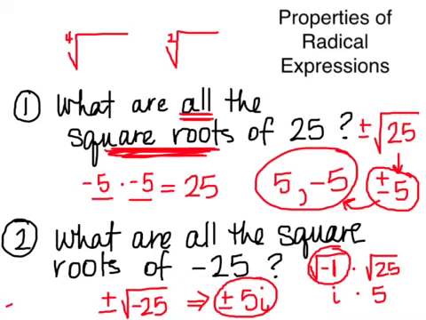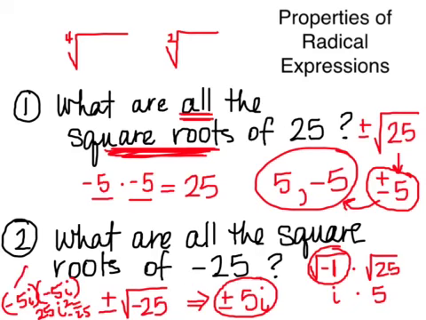Because just think about it, if you took 5i times itself, which is what squaring is, then you would get positive 25i squared. Well, i squared by definition is negative 1, so you'd have 25 times negative 1, which would be negative 25.